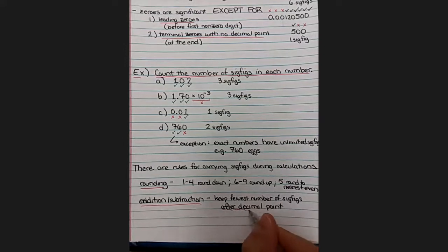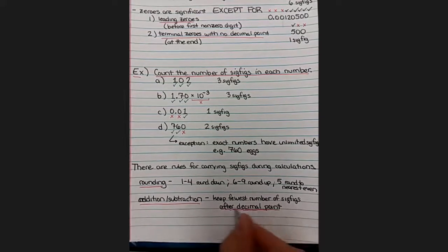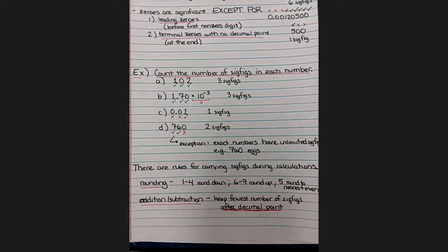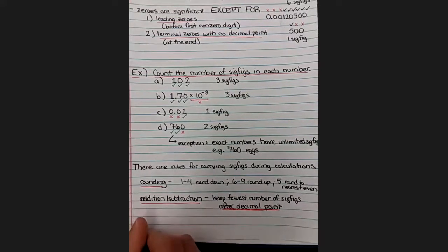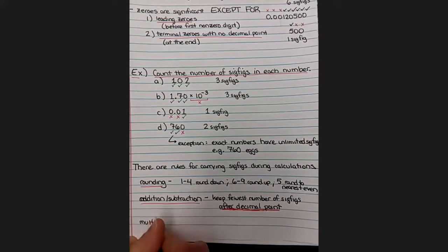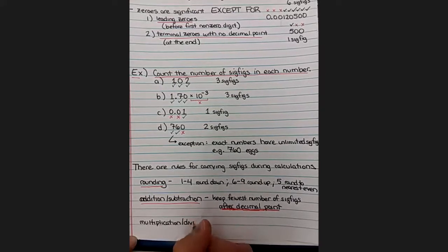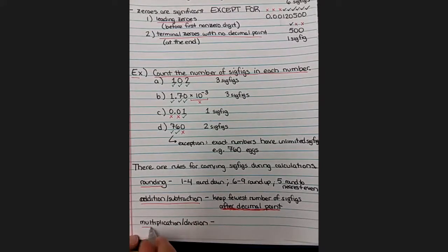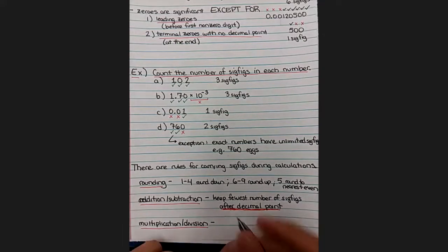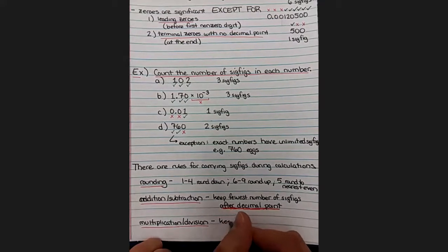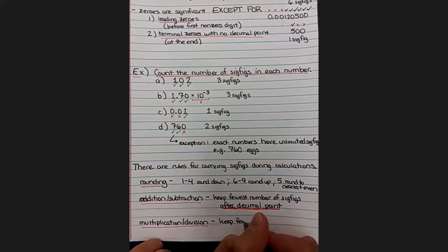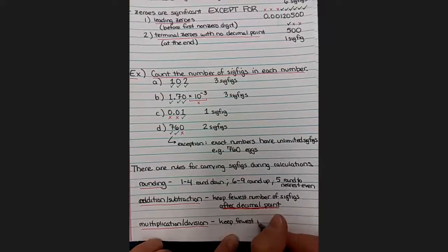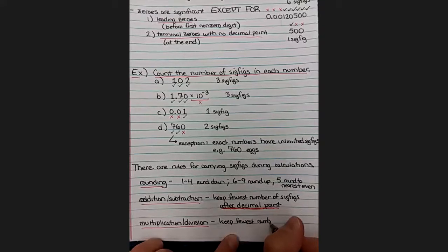So remember that bit about the decimal point, that's unique to addition and subtraction. And then we've got a rule for multiplication and division. Okay, and the rule for this is we keep the fewest number of sig figs, period, regardless of the decimal point.